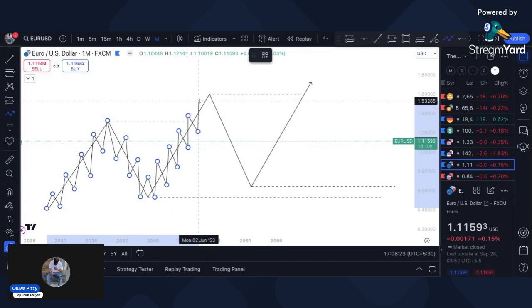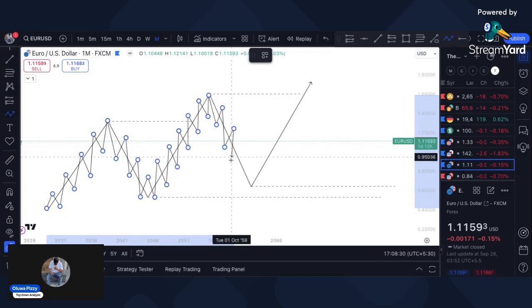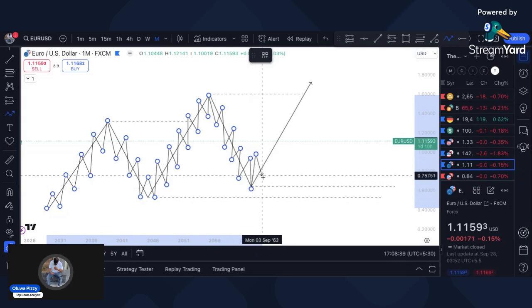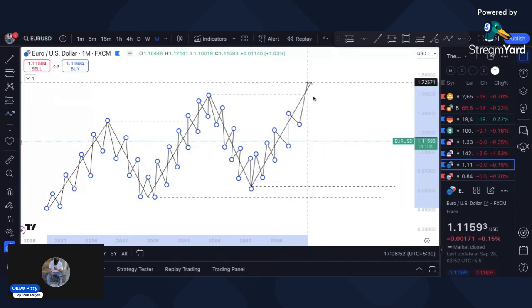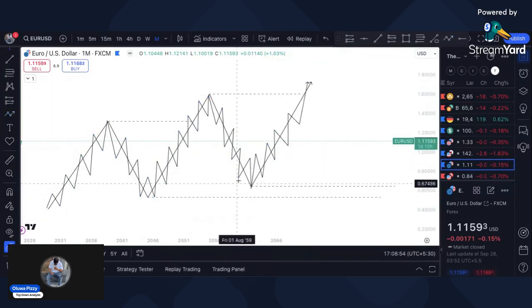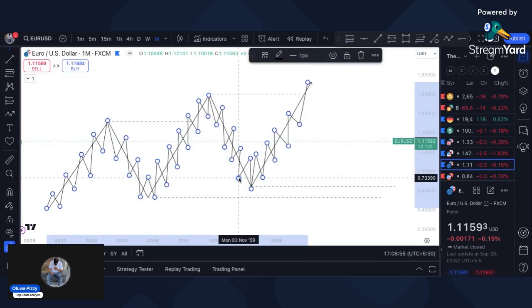High, low, high, low, high, low. This is what you see in every time frame you go to. Whether it's 15 minutes, 1 hour, or daily time frame, there is a trend within a trend. This is how it happens. Let's leave it this way.